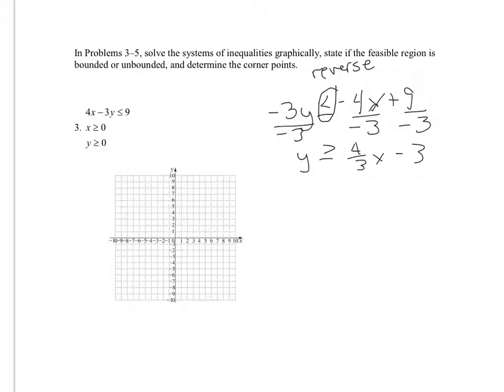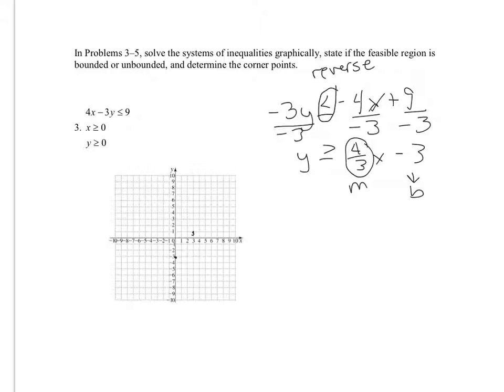Now I can take that and get it onto my graph using slope-intercept form. So it's crossing the y-axis at negative 3. So I'm going to have a point right there. My slope is 4/3. So that means I go up 1, 2, 3, 4, and to the right 1, 2, 3, and I'm at the ordered pair 3, 1.